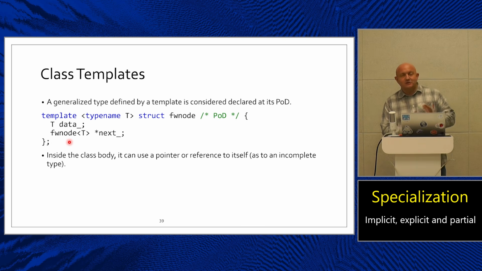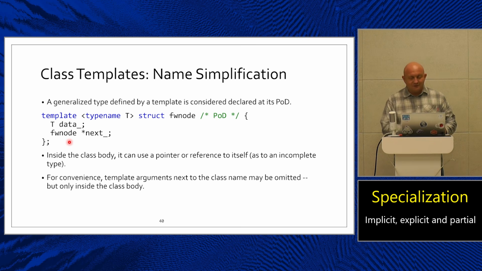Now, a little challenge. Who can spot how to save 3 characters in this code? Remove 3 characters and make this code the same. And we can indeed save those angle brackets <T> by writing just ForwardNode* next.